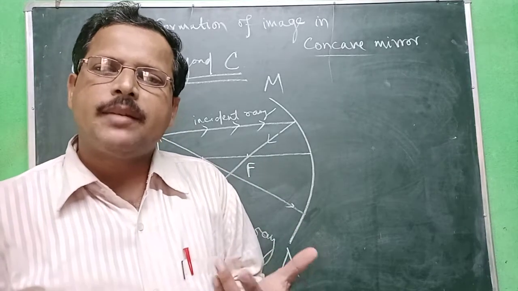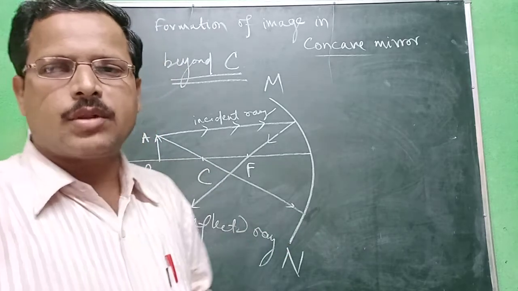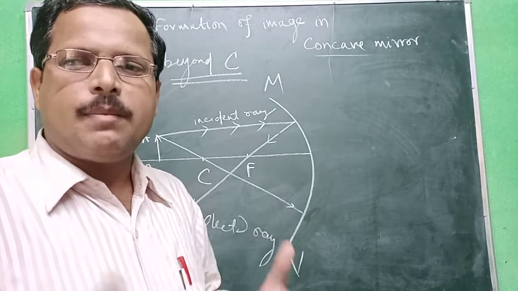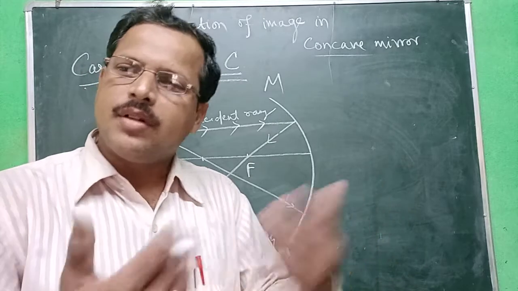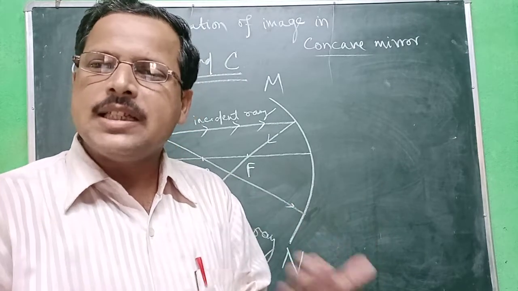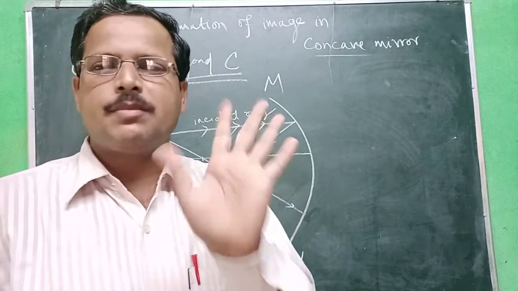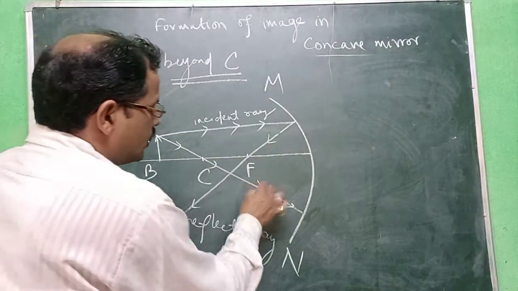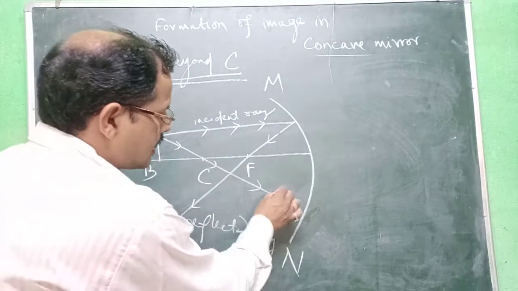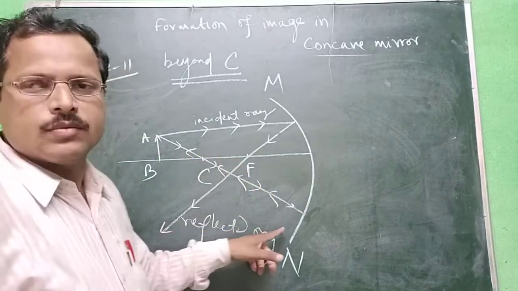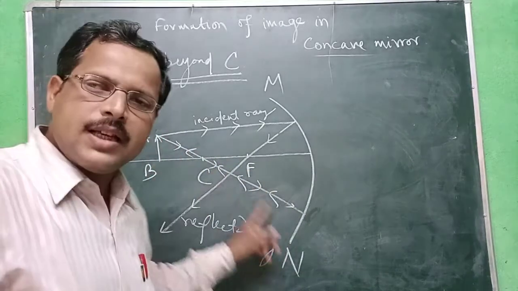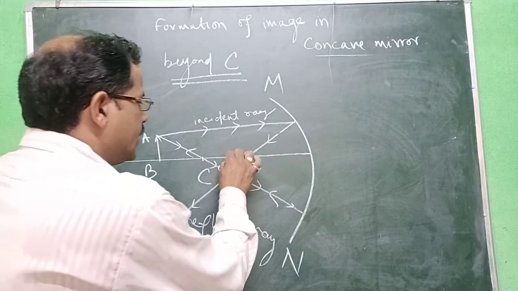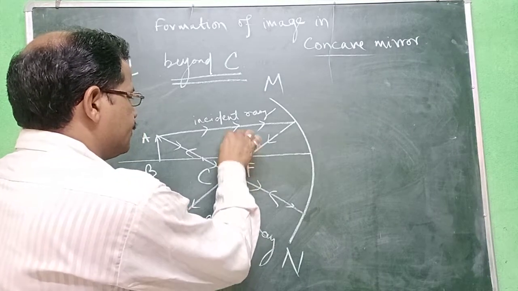When a ray goes through the center of curvature, the path of going is the same as the path of coming. The incident path is equal to the reflected path. This is the basic principle of reflection. So this incident ray returns through the same path, this is also the reflected ray, and they meet at a point, and at that point the image is produced.